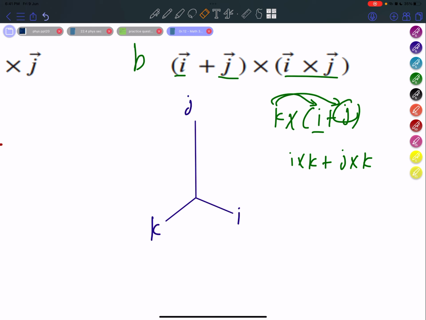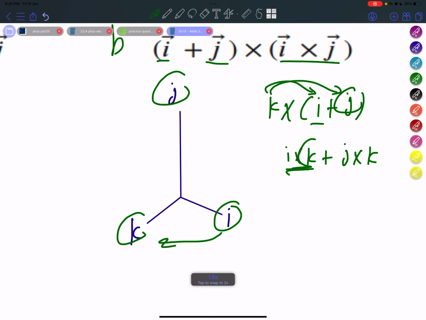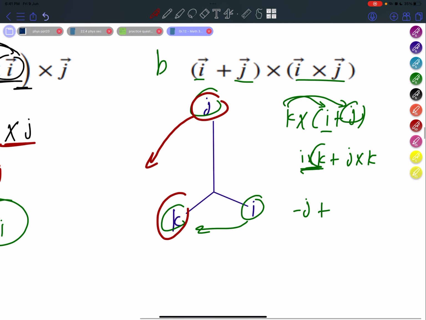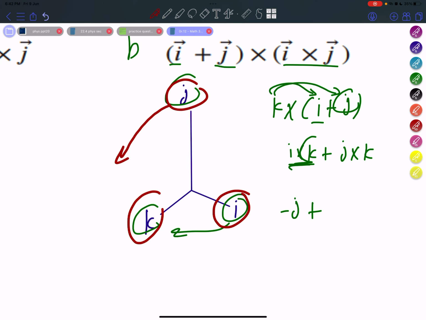So i cross k, so this is i and this is k, meaning that we'll be going clockwise, so the answer will be negative j, plus j cross k. Again, anti-clockwise, meaning that we'll get a positive value, which is i. So plus i, hence this is our answer.